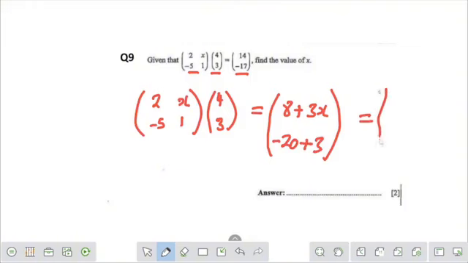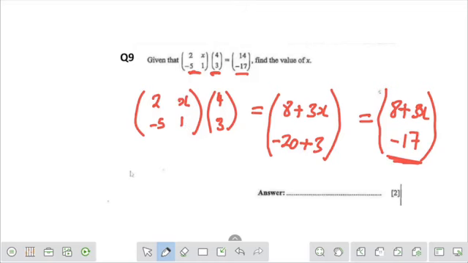So this one we can simplify. We are just going to have 8 plus 3x. Then down here we can simplify: negative 20 plus 3 gives us negative 17. So this is the product of the first matrix and this one. Now we can equate the product to this matrix.